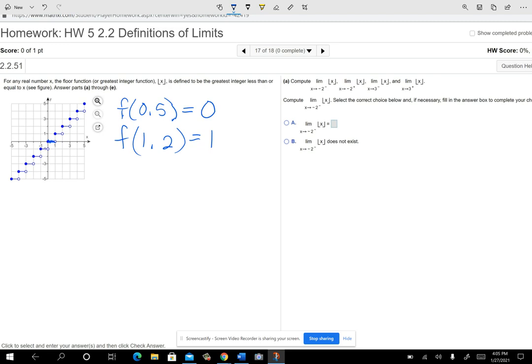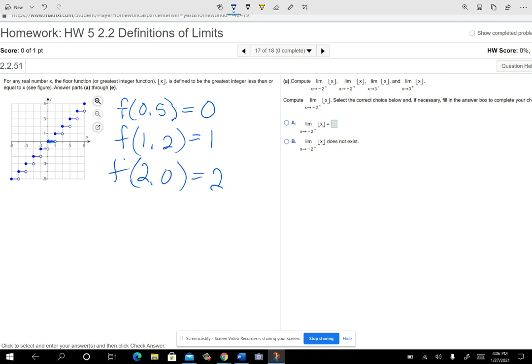And if you get all the way to the other end, say you're at 2.0, the function gives you the greatest integer less than or equal to this number. So your answer should be 2. That's just getting a feel for it. That's called the floor function or the greatest integer function: the greatest integer less than or equal to your input.